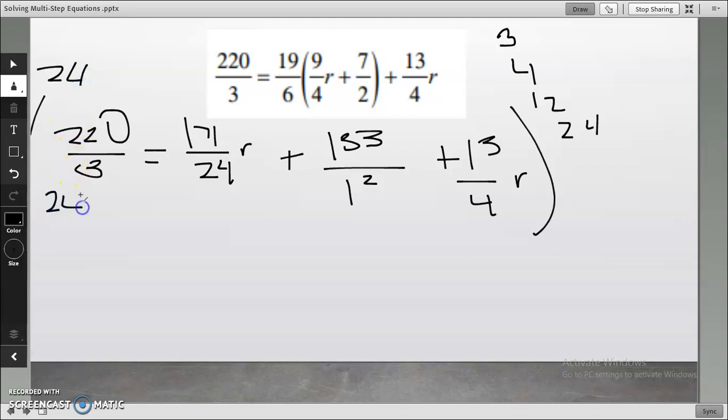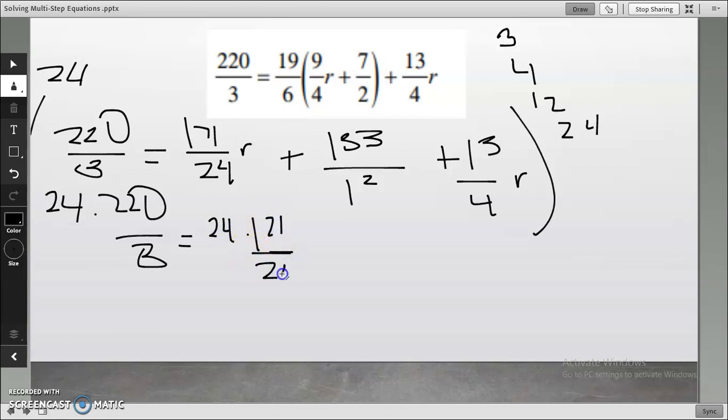So I have 24 times 220 over 3 equals 24 times 171 over 24r plus 24 times 133 over 12 plus 24 times 13 over 4r.